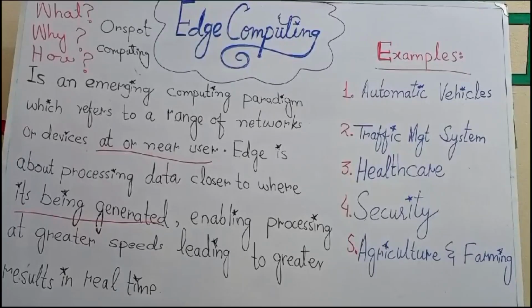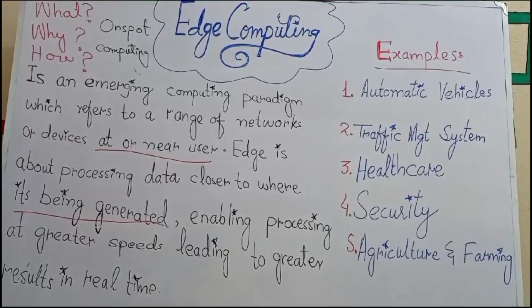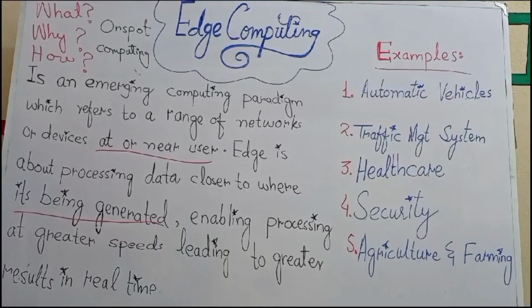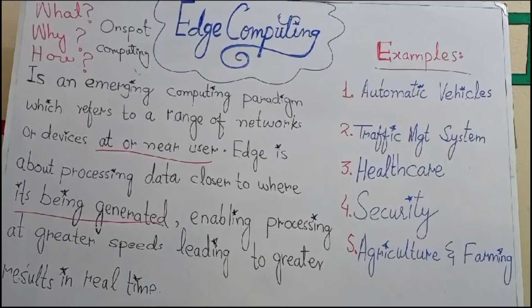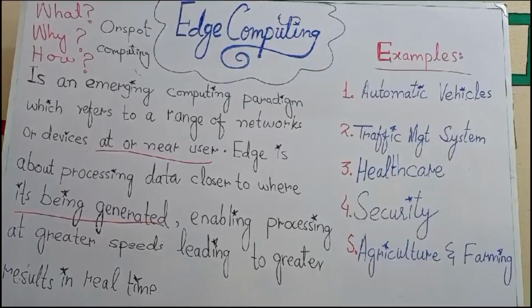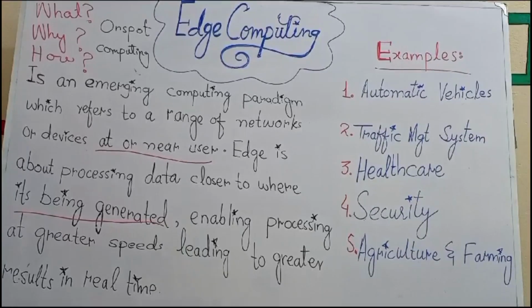Like in the case of automatic vehicles, where they need to make decisions by themselves, if they lose any connection from the internet or from the cloud, they have to make their own decisions at runtime. So in automatic vehicles, the object detection device has been fixed, and that is an example of edge computing.